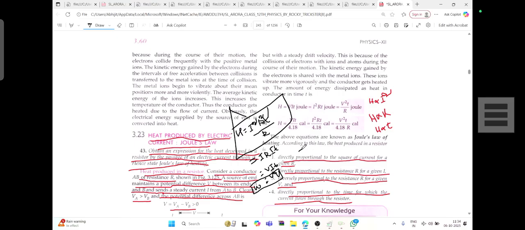So H is equals to V square T by R. That is another form of the Joule heating formula. Okay, I think no doubt arises here.